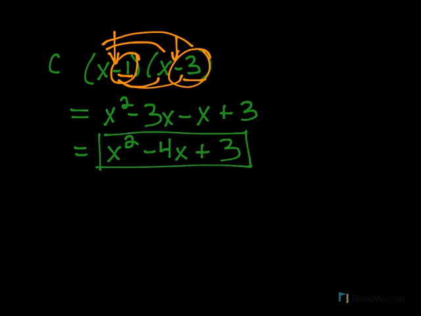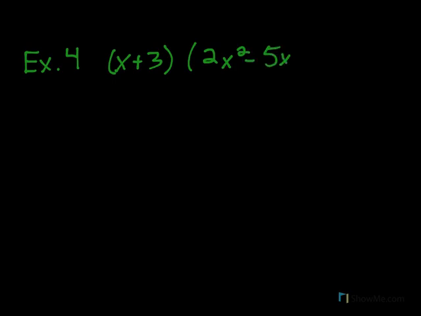All right, let's do example 4. I have two more examples and one challenge question for you. Here we go. Example 4: open parentheses x plus 3, and then 2x squared minus 5x plus 7.